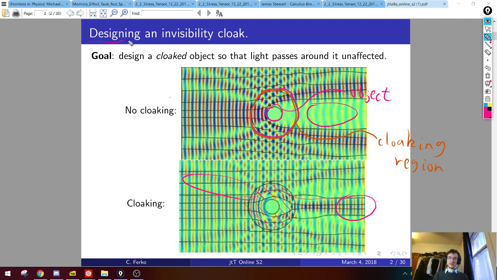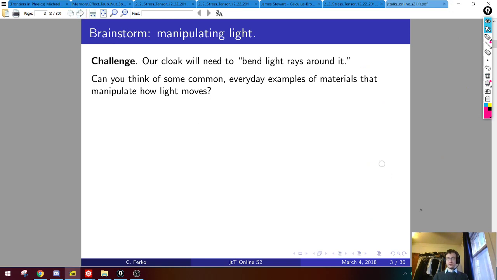So the topic of today's talk is, can you design such an invisibility cloak, an object with the property that light passes around it more or less unaffected? Good, so that's the question. To avoid this becoming me speaking continuously for 40 minutes, I'll ask you to brainstorm and contribute some ideas.